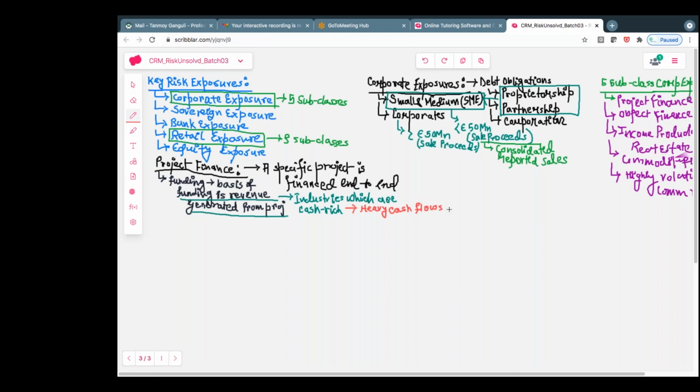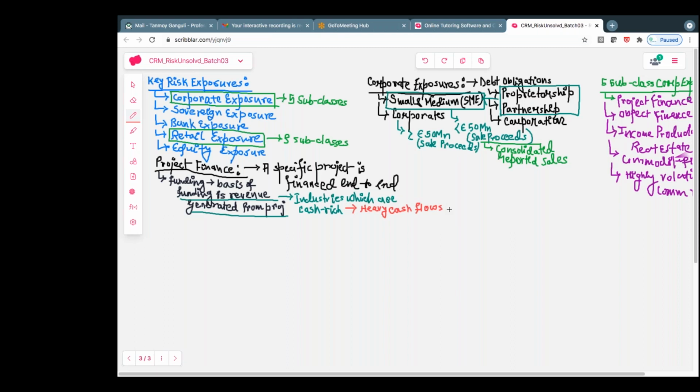So when this particular thing happens, obviously, if the bank is trying to do a project finance, it will see that Flipkart is trying to sell retail products, so they will get heavy cash. So I would give them the funding based on the revenue which they are likely to generate. So this will be a heavy cash flow based industry.